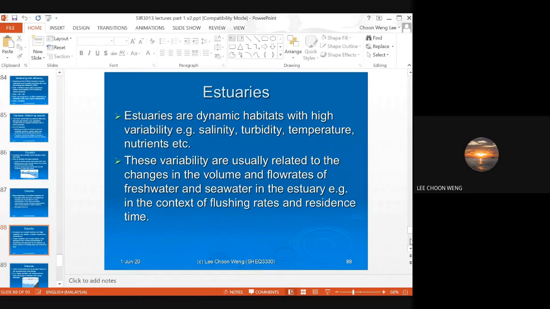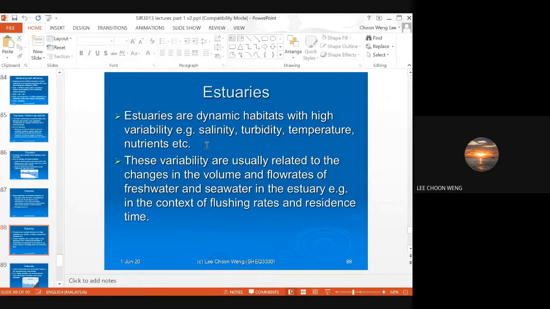As I mentioned, estuaries are very dynamic habitats, with high variability in salinity, turbidity, temperature, and nutrients. Because of this, not many organisms do well in estuaries. Most of the organisms are either riverine or sea. When there's a lot of fluctuation in salinity, turbidity, temperature, and nutrients, it causes a lot of stress to the organisms.